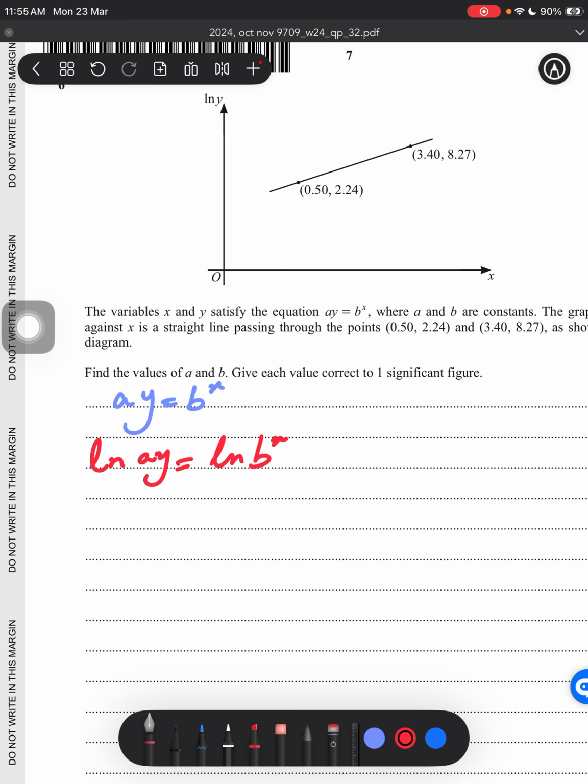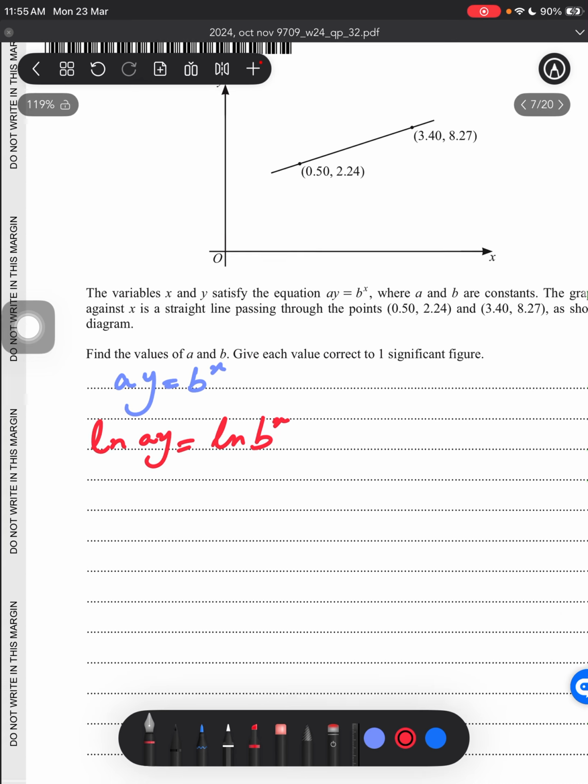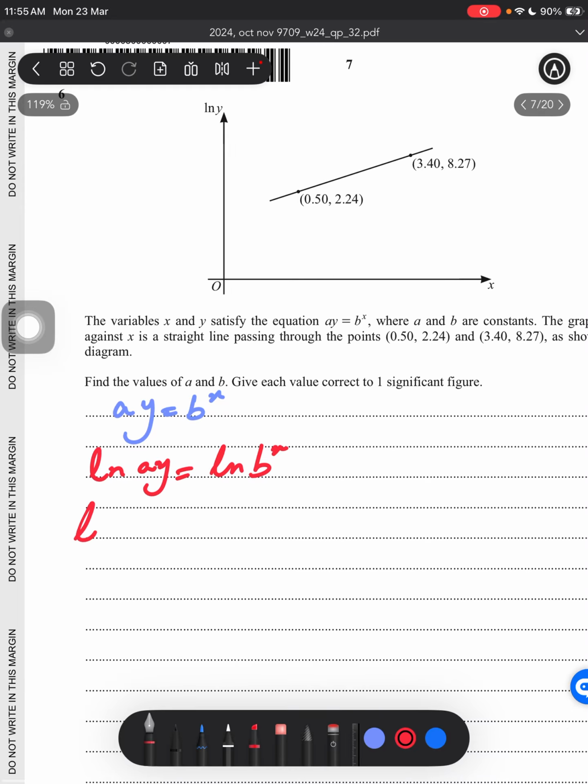We know that if we have a product of 2, this can be written as a sum: ln of a plus ln of y ln of b, and before writing that we know that this x would shift as a base, so we'll say x ln of b.